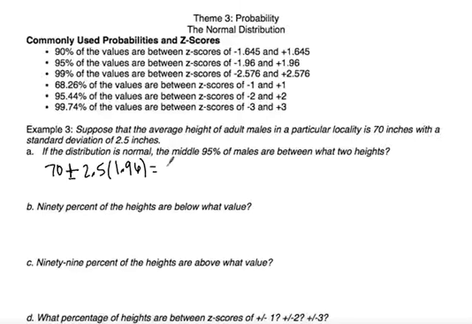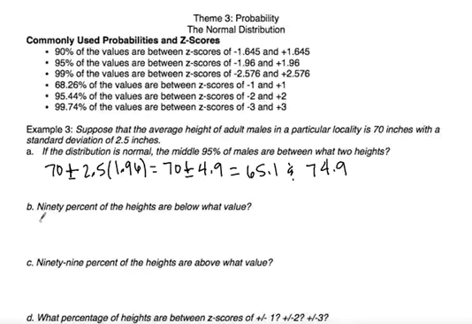So whenever you do that, that really is 70 plus or minus 4.9. So you should get two answers: 65.1 on the low end, so when you do 70 minus 4.9, and 74.9 on the high end, so when you do 70 plus 4.9.